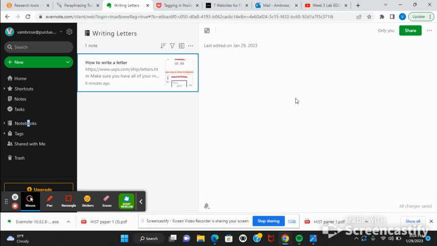And I screenshotted the steps because it came with steps and pictures, which I thought would be really helpful. It's loading.